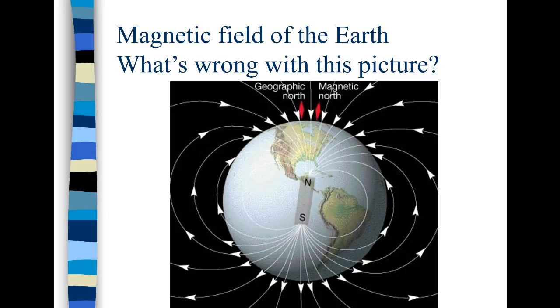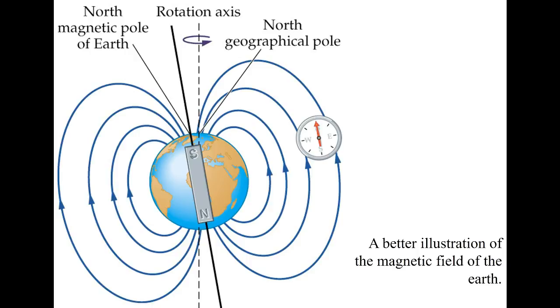So it turns out that the field lines are correct, but remember that magnetic field lines flow into the South Pole and come out of the North Pole. So a better picture would be this, that the Earth does have a bar magnet, but that bar magnet has a south magnetic pole at the north geographical pole of the Earth.